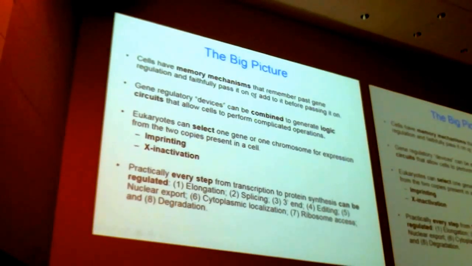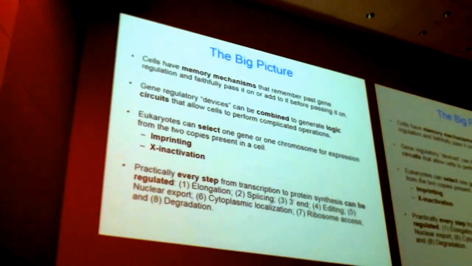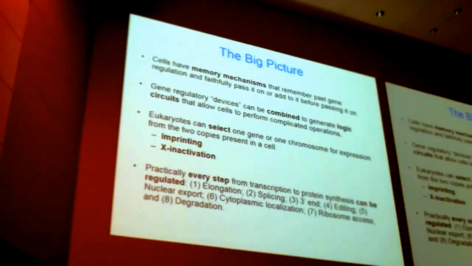The second concept that we'll talk about is that genes and gene regulatory proteins can be wired together as little devices inside cells. And these devices can be combined in logic that can get exceedingly complex, much like if you looked at a printed circuit board or something that's a chip inside your phone.